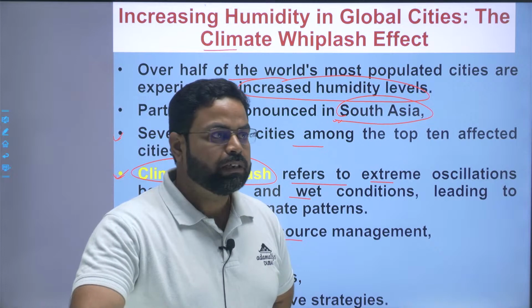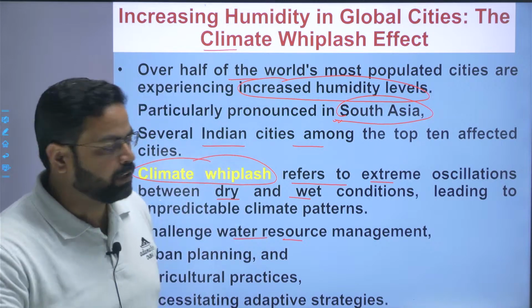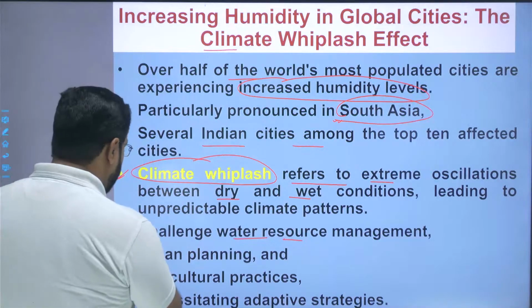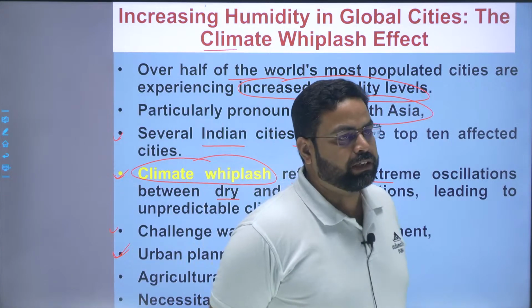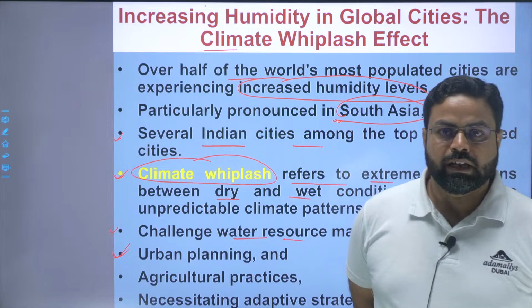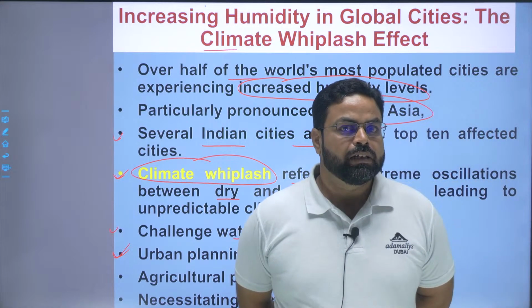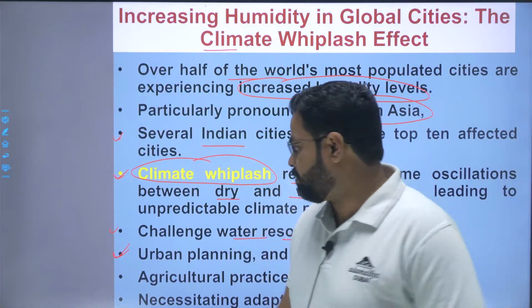Basically, during the dry spells, there will be water scarcity. Urban planning should be focused on addressing the problem of water scarcity during the dry spells, as well as the flooding and water logging situations that may occur.